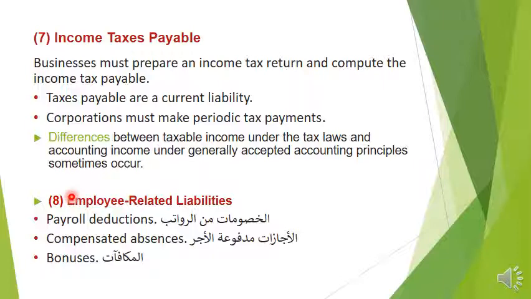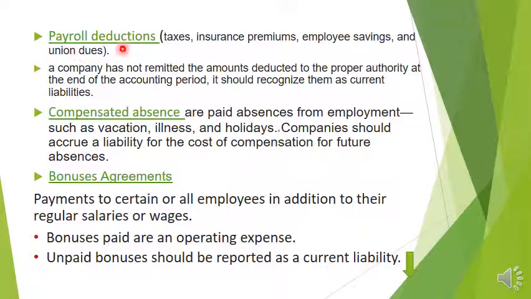The 8th type of current liabilities: employee-related liabilities. Payroll deductions, compensated absences, bonuses. Payroll deductions include taxes, insurance premiums, employee savings, and union dues. If a company has not remitted the amount deducted to the proper authority at the end of the accounting period, it should recognize them as a current liability.